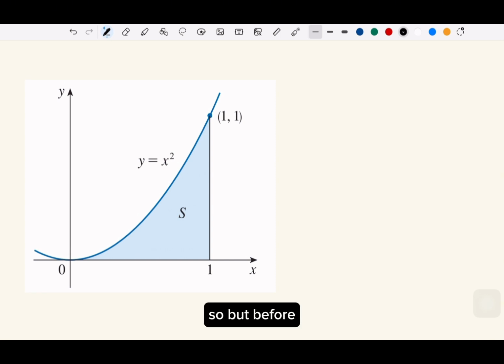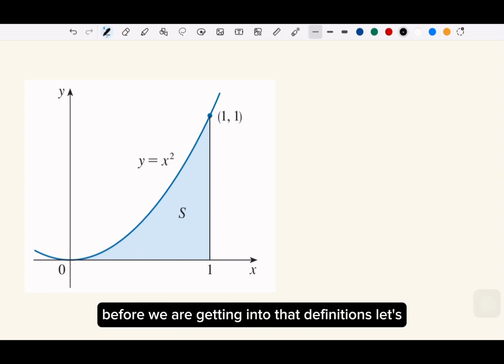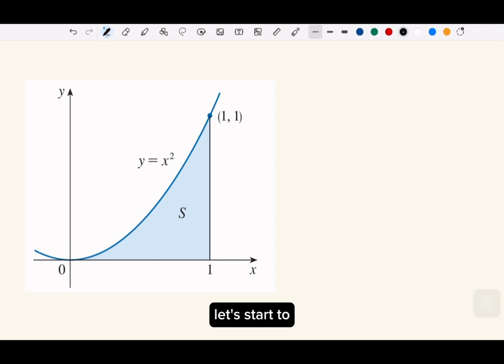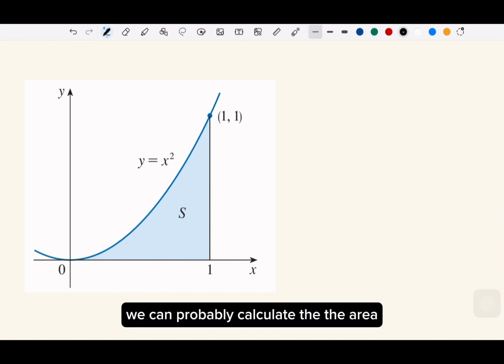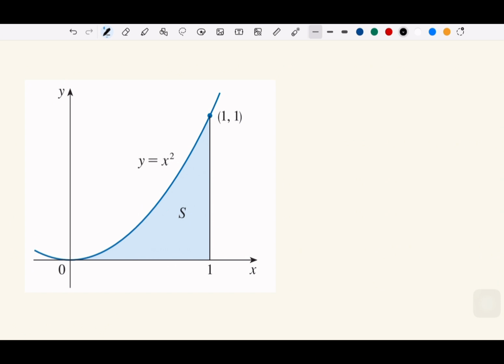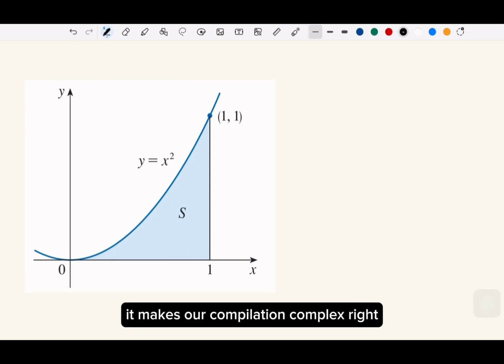But before we get into that definition, let's try to see how we can calculate the area. The curve itself makes our calculation complex, right? Because it's not a normal geometric shape.